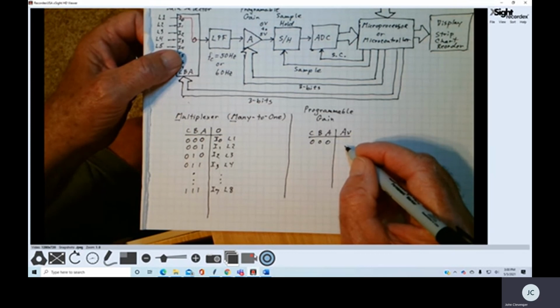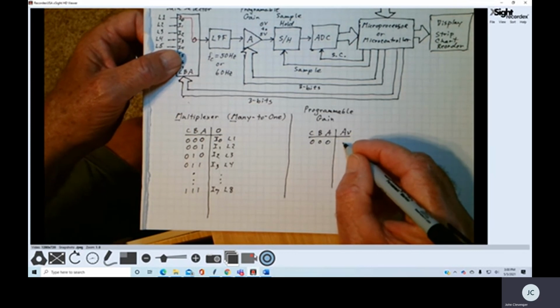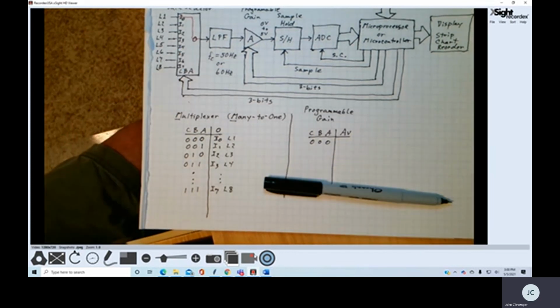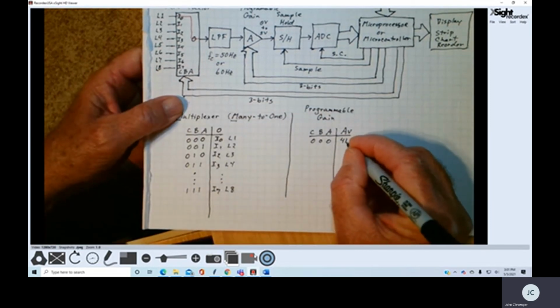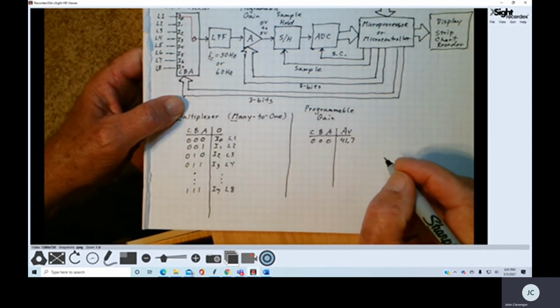let's just pick a number. A gain of 41.7.